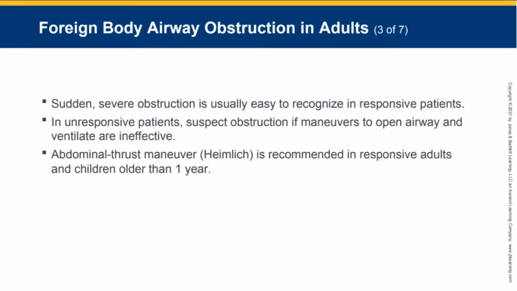If you still can't ventilate, then it's possible that this patient has an obstruction, especially if you're feeling resistance. Abdominal thrust maneuver or Heimlich is recommended in responsive adults and children older than 1 year.